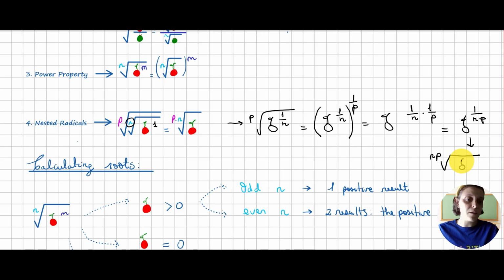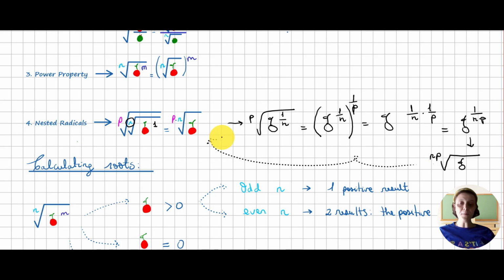And this is what we get. Exactly what we got from applying the property. If you see it right here, it's exactly the same. Okay?